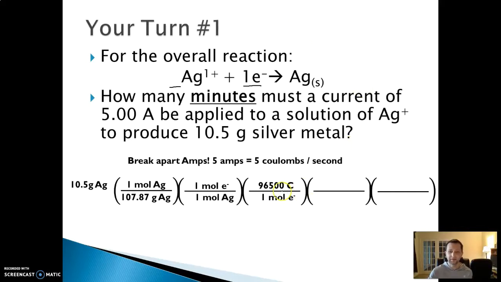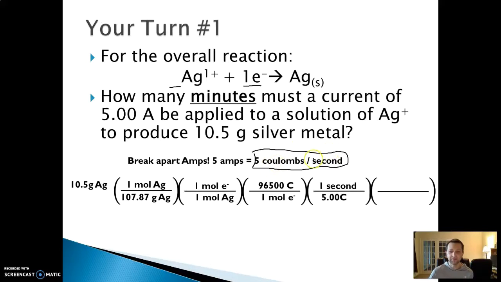So now I want to get from coulombs into seconds, right? I'm going to use my amps for that. So cancel out coulombs, go to seconds. Notice I just used this, right? 5 coulombs over 1 second is the same as 1 second over 5 coulombs. You can flip that just like you would with molarity, right?